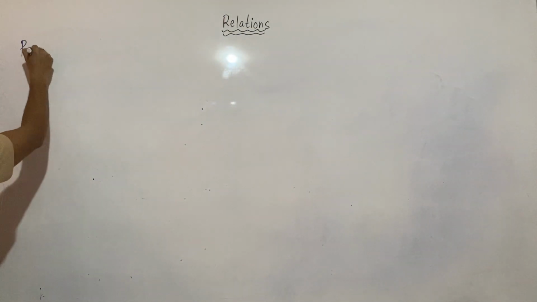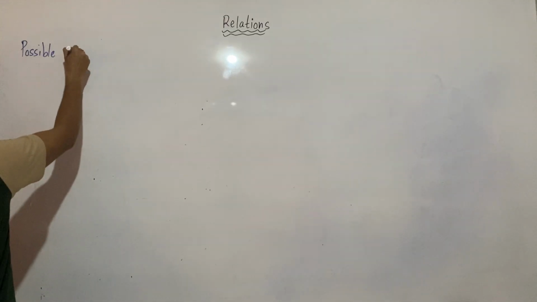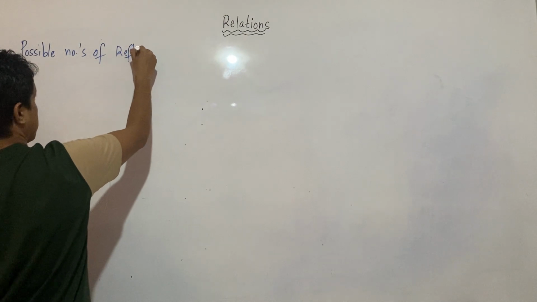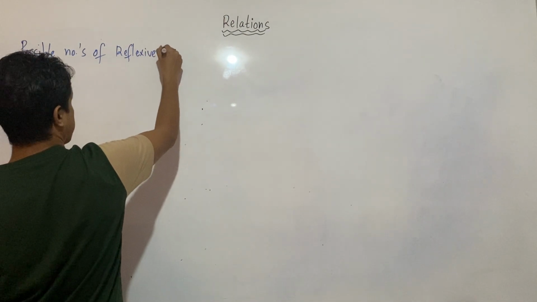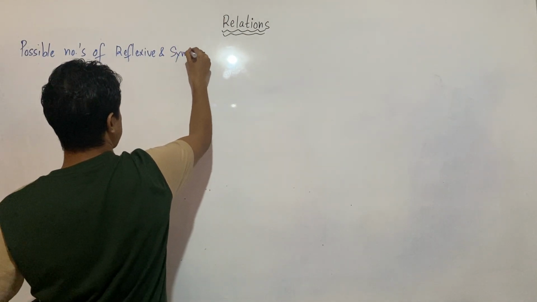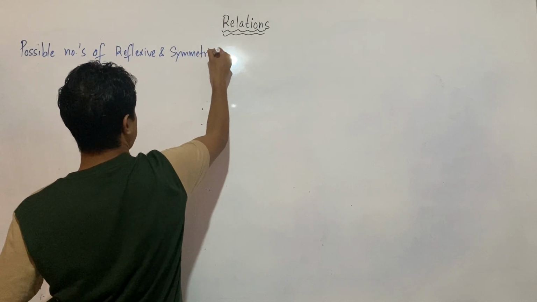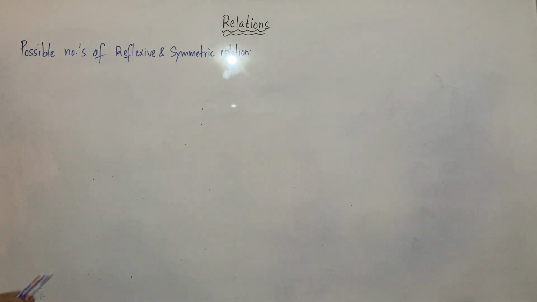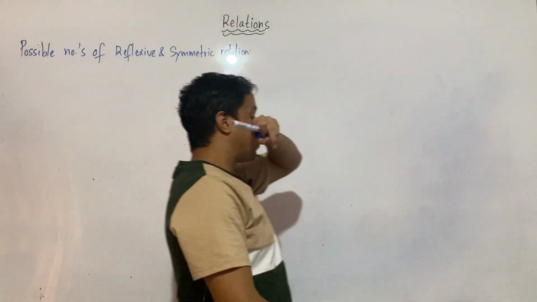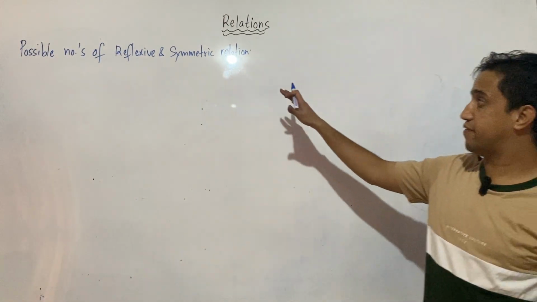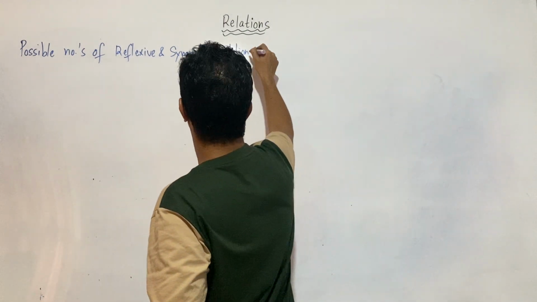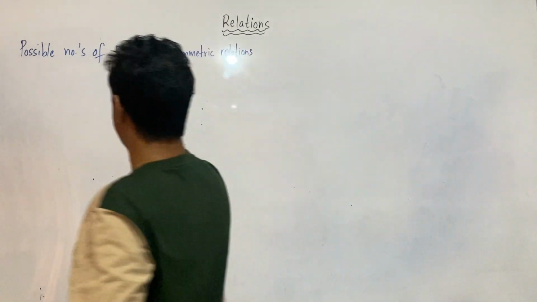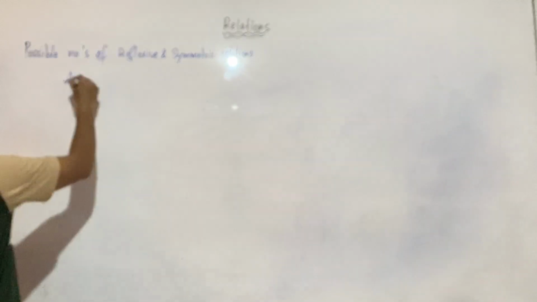Okay, so the total possible number of reflexive and symmetric relations on set A. Let's say that again, we assume that this is set A and it has n elements, A1, A2, and so on up to AN.